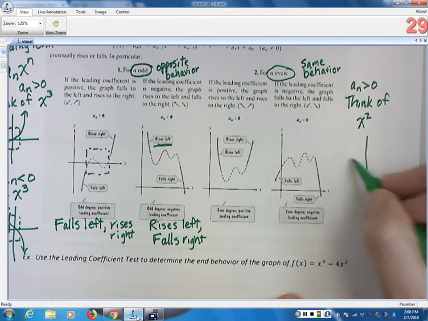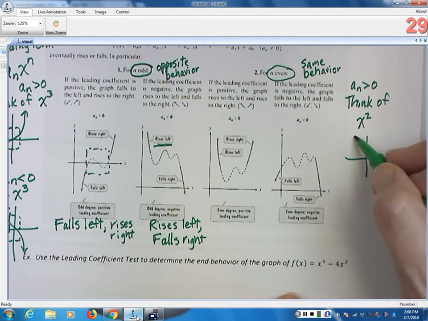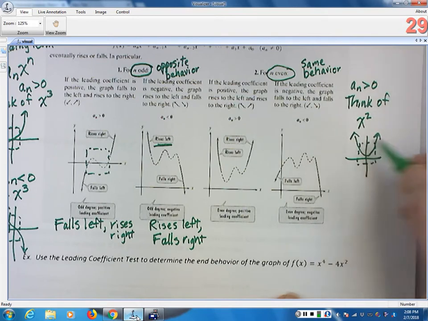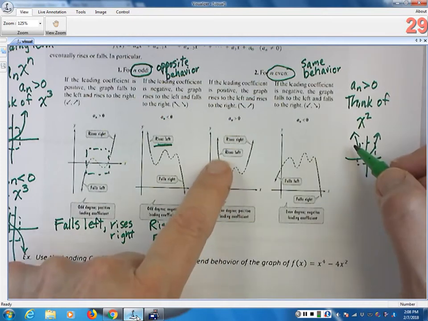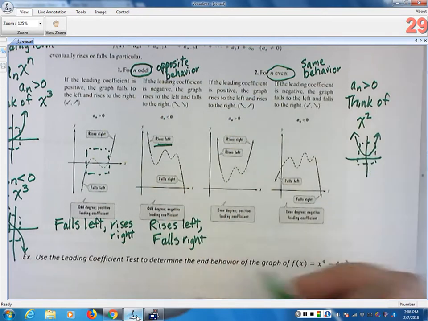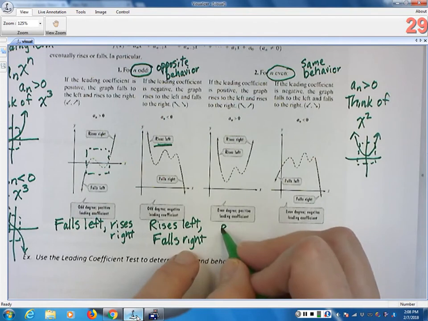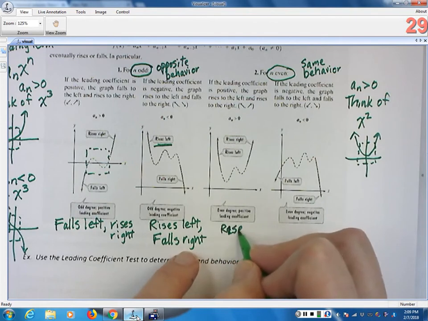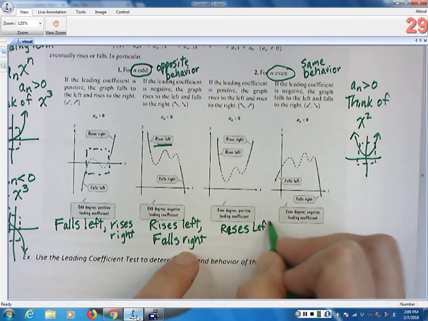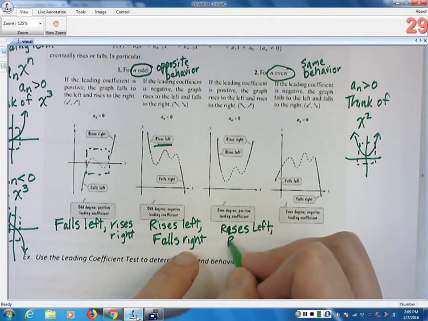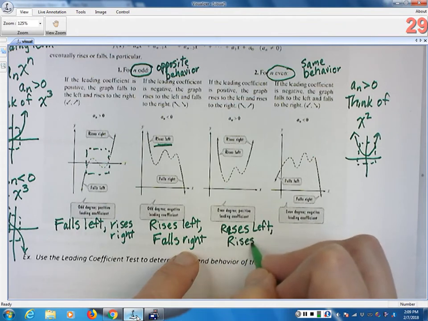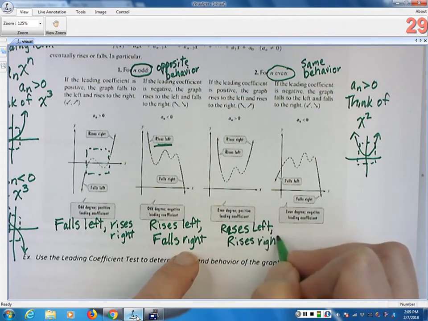You guys know that's a parabola that looks like this. But we'll have a box in here. We don't know what's happening inside here. Rises left, rises right. Same behavior. It's going to rise both ways.